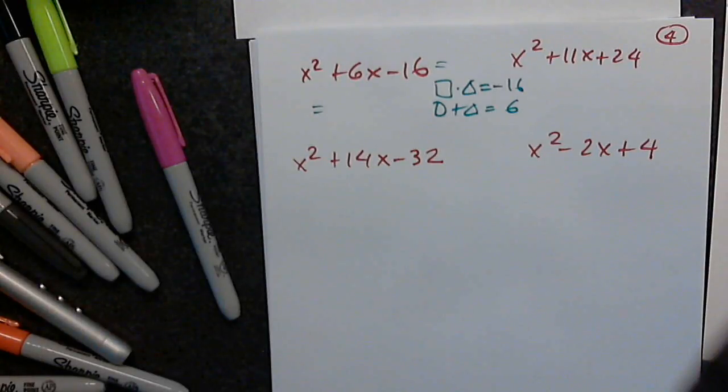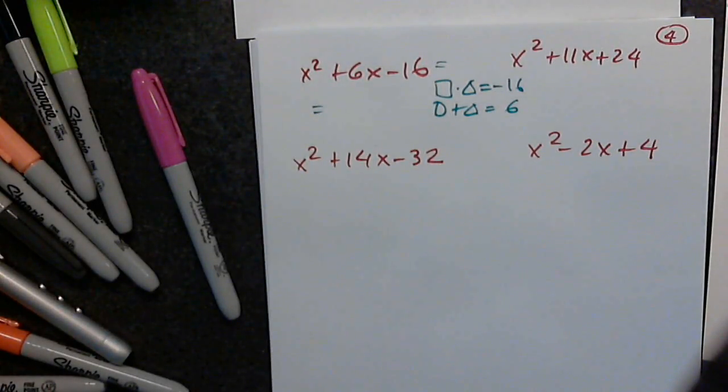8 and 2. Wait, is it 16 or negative 16? You're right, it's negative 16. But when I think of the factors, the options are 1 times 16, 2 times 8, or 4 times 4. I like to think of it as multiplying 8 by negative 2, because that makes it easier to figure out the sum. 8 minus 2 is 6.